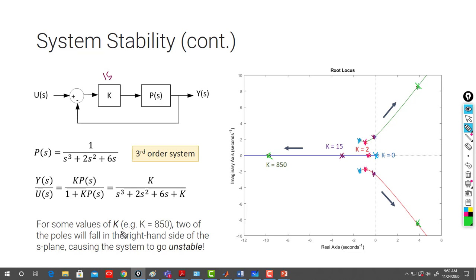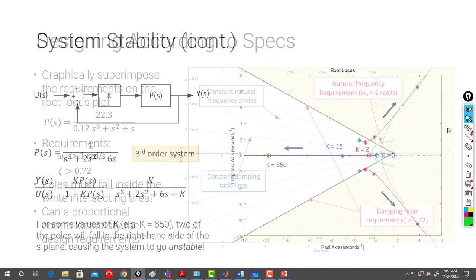For some values of k, like this example 850, 2 of the poles will fall in the right half of the S-plane, causing the system to go unstable. So now we understand how we can find system stability based on the root locus, which we'll learn later in detail how we draw it manually, then later using MATLAB.